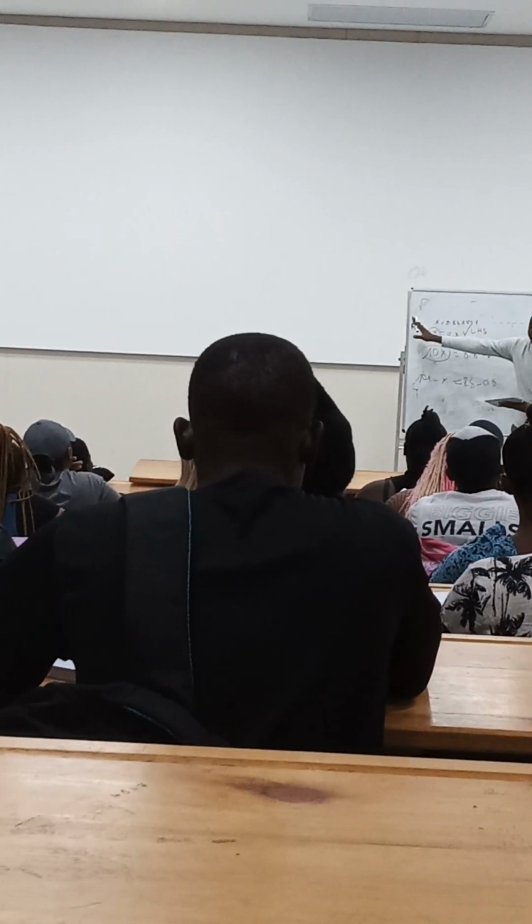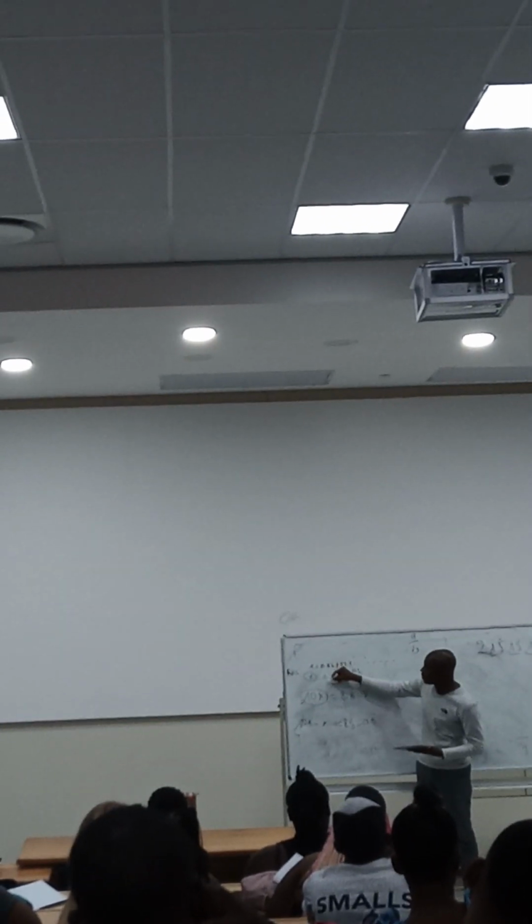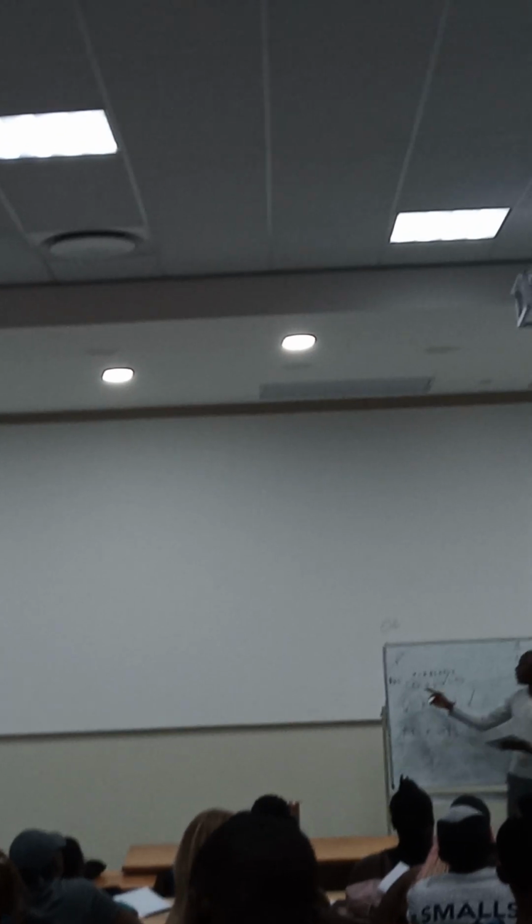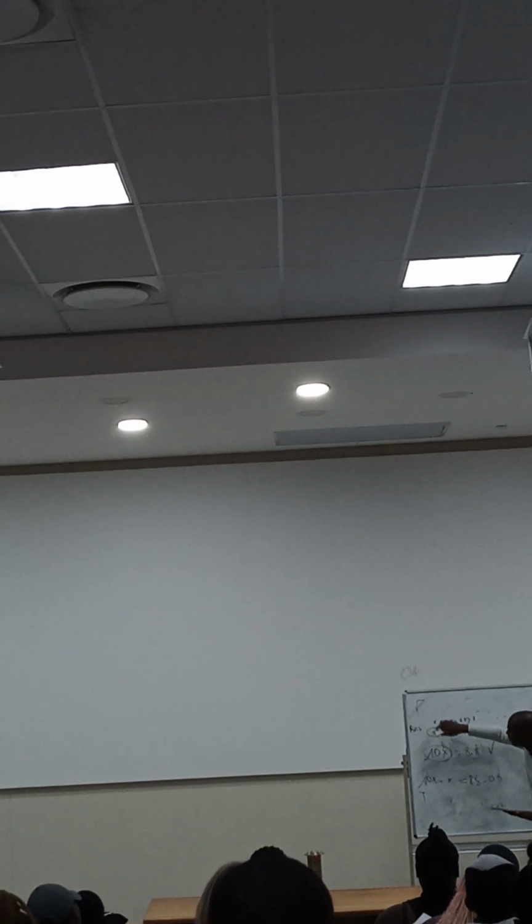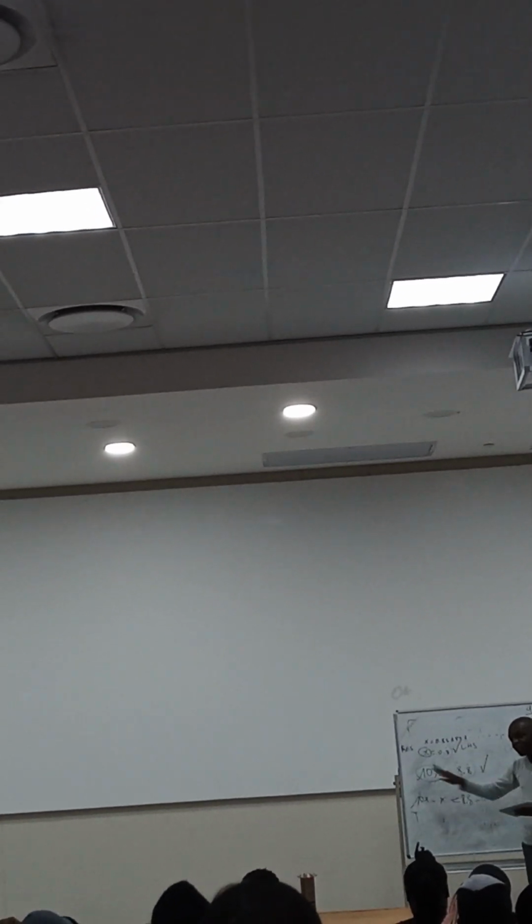On the left hand side we have 10x and x, and on the right hand side we have these two values. So when you take this minus this, it is equal to this minus this. That's all. It preserves the equality.